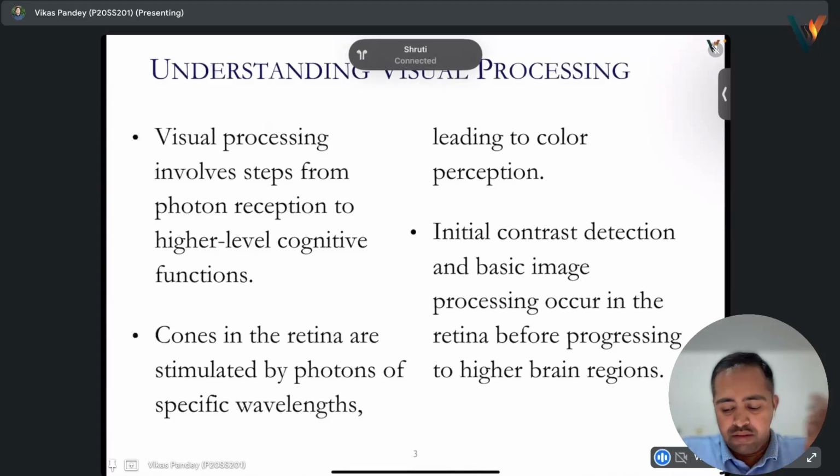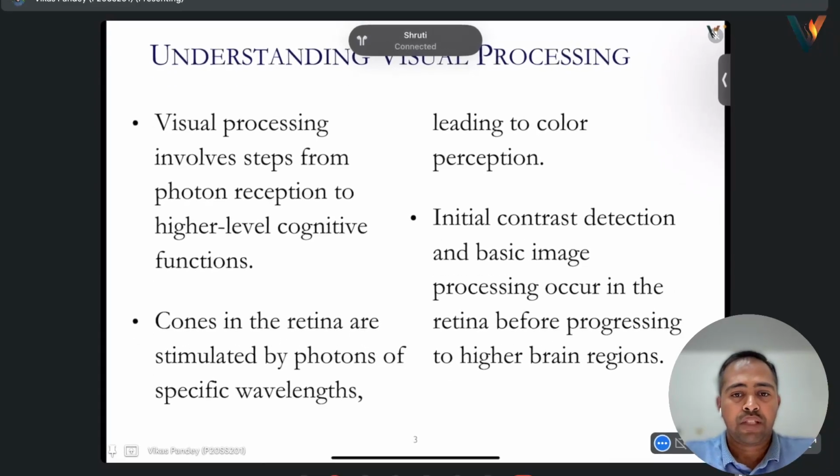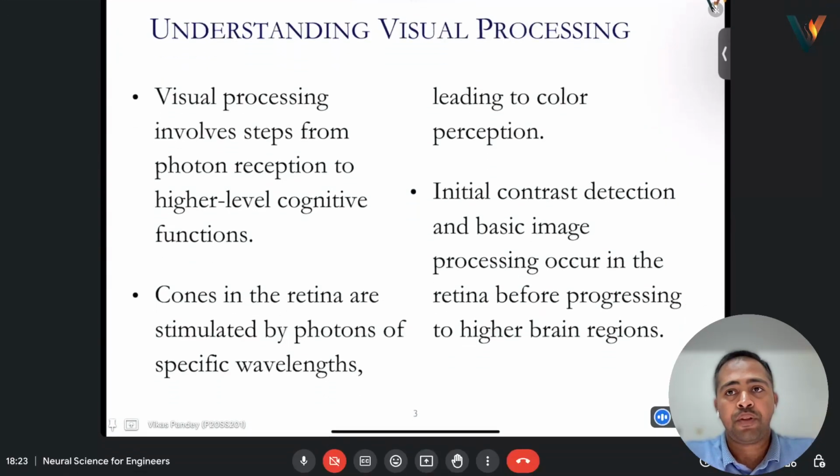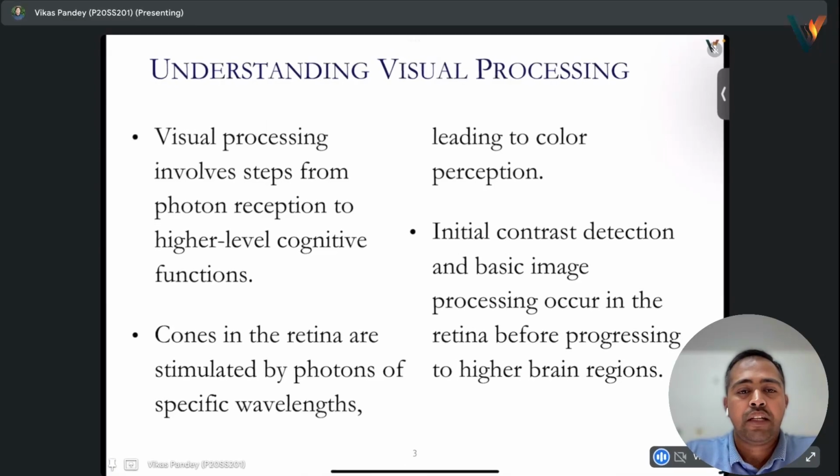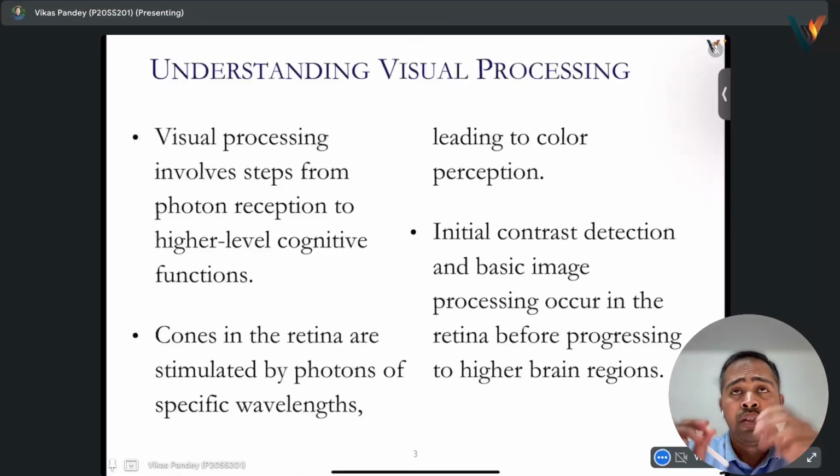For green, some specific cone cells will be activated. As we know, there are three primary colors that make all the colors of light. Very similar to that, there are three different receptors or cone cells in our retina.